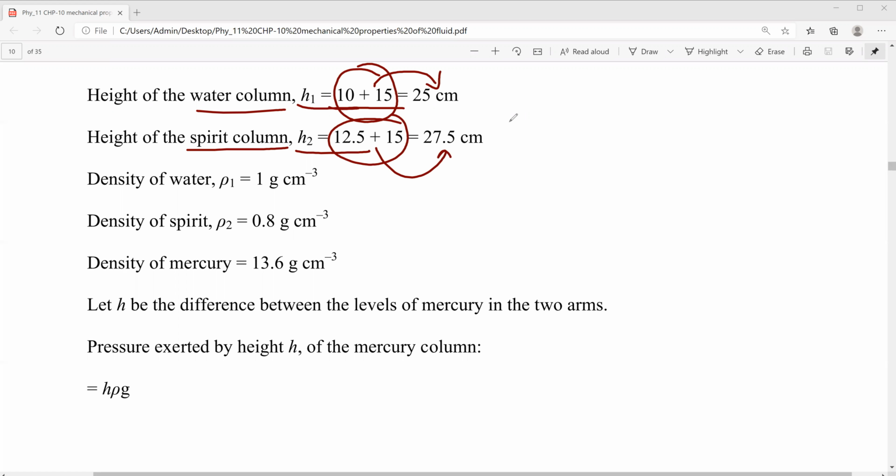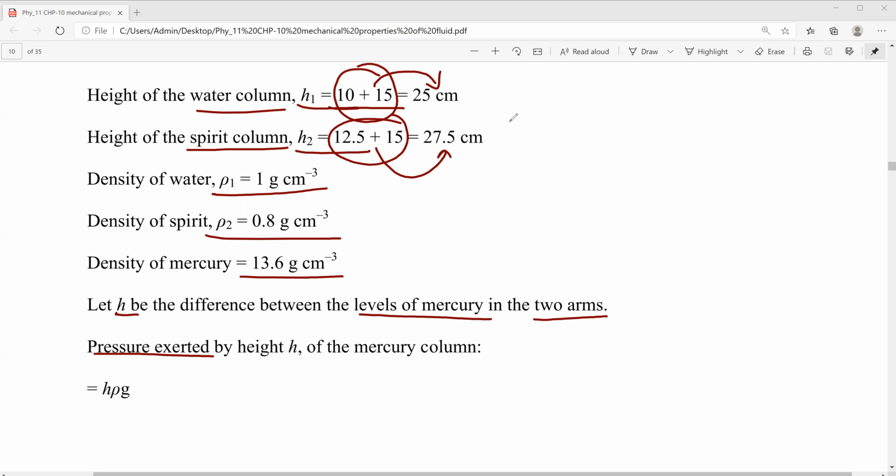Density of water we consider rho 1 and density of spirit we consider rho 2. So those are given in the question itself. Density of mercury is always constant, that is 13.6 grams per centimeter cube. So let H be the difference between levels of mercury in the two arms.